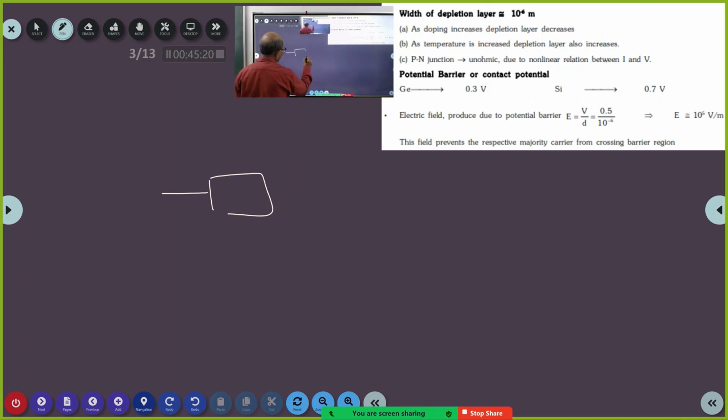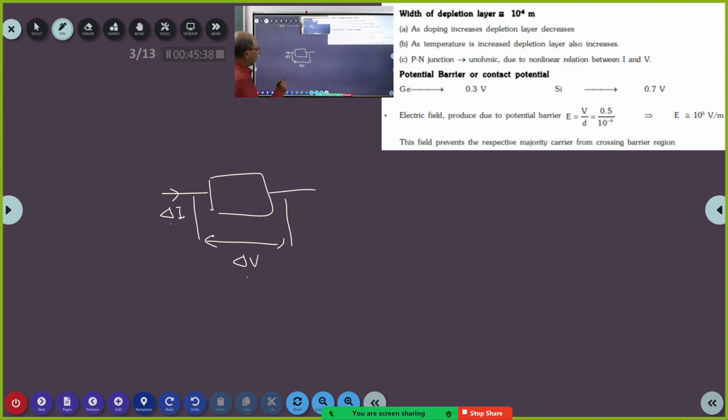Supposing you have taken some material. Now you are measuring the potential difference across this, and you are measuring the change in the current. There is a change in the current and a change in the potential difference across this.